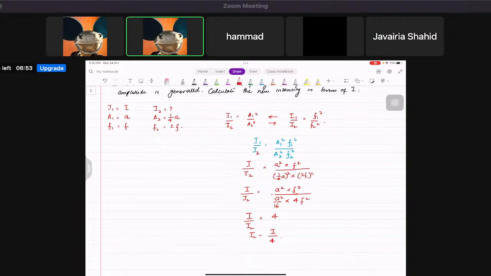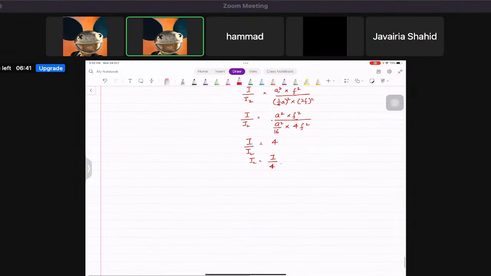Okay, now we're going to do the last type of question that might come, and that is that a wave of amplitude 20 millimeter has intensity of Ix.